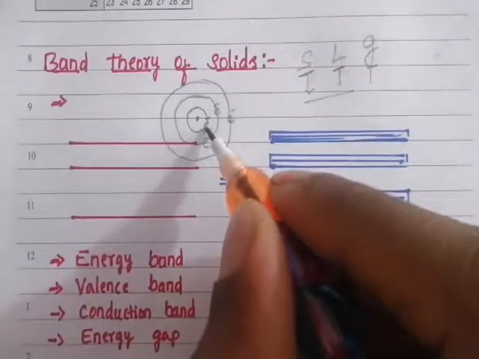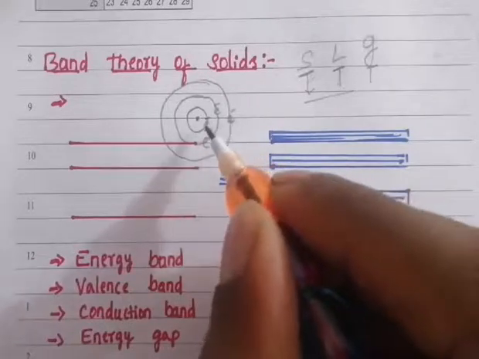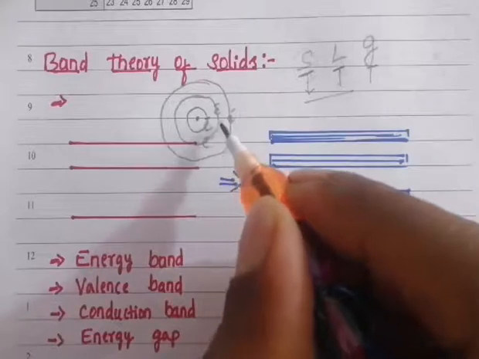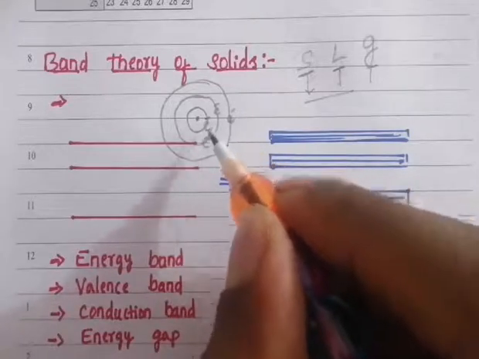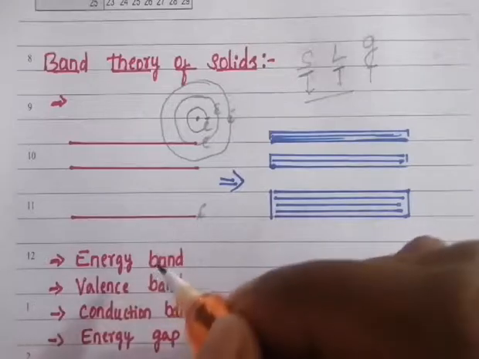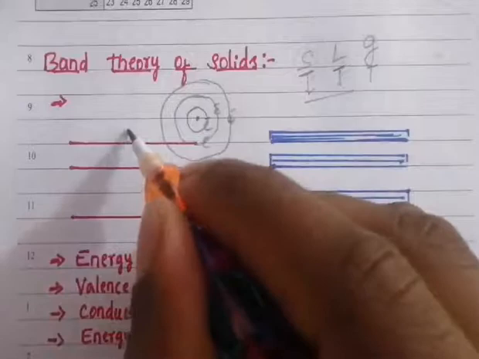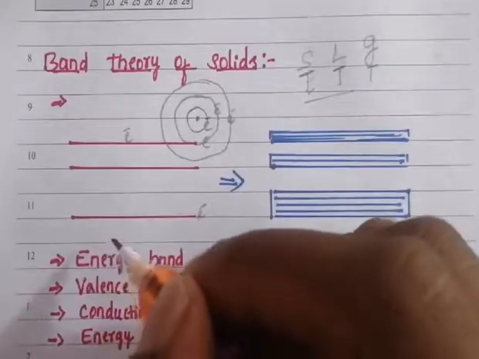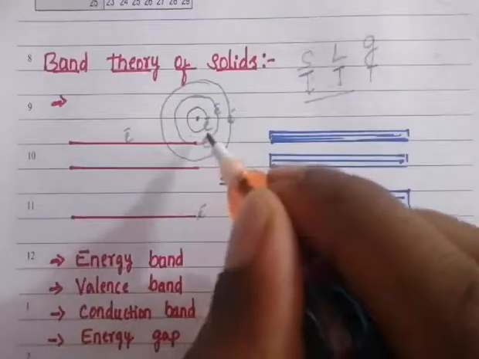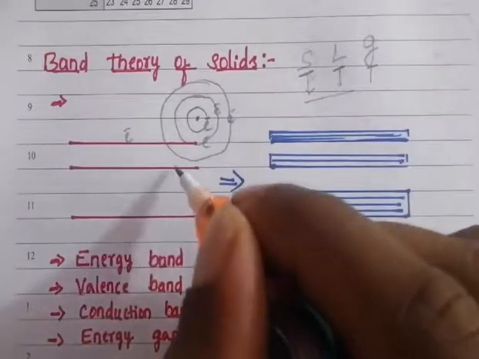This is the innermost electron, this is the outermost electron. These electrons have different energy values. Suppose this innermost electron has a certain energy value, and this outermost electron has a certain energy value. So this is the energy level diagram of a single atom.